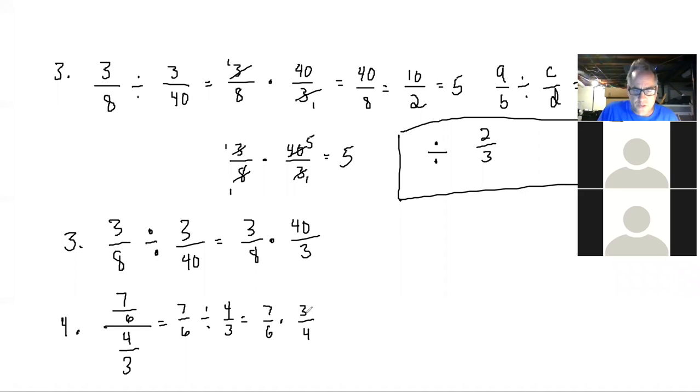Before I multiply across the top and the bottom, I know 3 goes into 3 once and 3 goes into 6 twice. Then 7 times 1 is 7, and 2 times 4 is 8. And so your answer here is 7/8. Any questions on that?